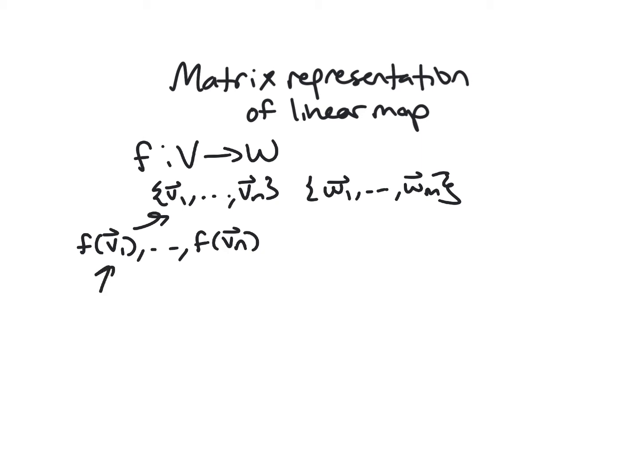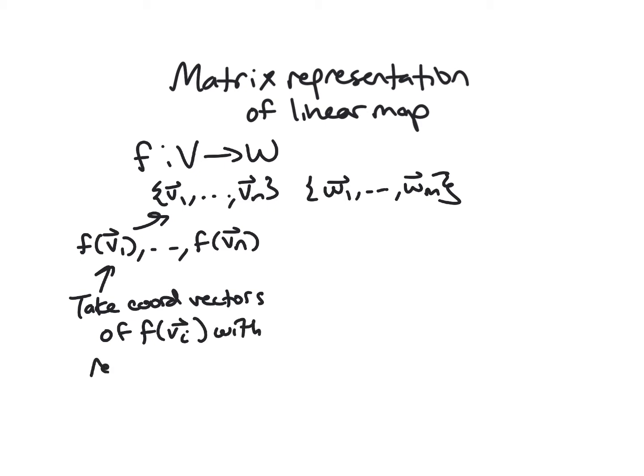And then represent these in our basis for W. So take coordinate vectors of these things, right? Because f of vi is going to lie in W. And so take the coordinate vectors of the f of vi with respect to the basis of W. And that's how we get our columns.